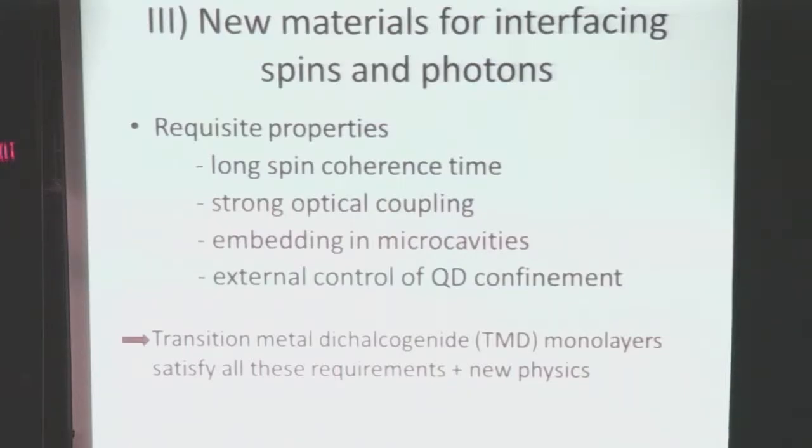These systems exhibit very strong optical coupling, as actually first demonstrated by Vino about a year ago. And this allows for embedding in microcavities, open cavity structures. And one can imagine that because of the two-dimensional nature of the system and strong optical coupling, one could make quantum dots in a fully controlled manner in the system.